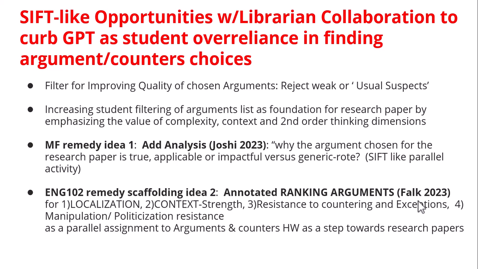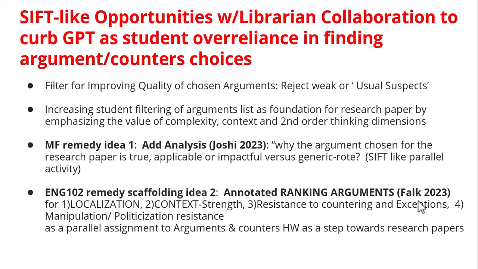media instruction where, and these are my particular goals, have a filter for improving quality of chosen arguments. So not banning and being realistic that GPT will be used, but I do want a process or at least a bump in thinking that requires rejecting weak ones, identifying hallucinations, and eliminating the usual suspects, low-hanging fruit.